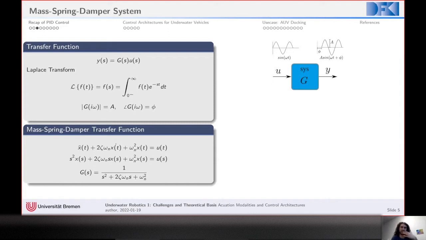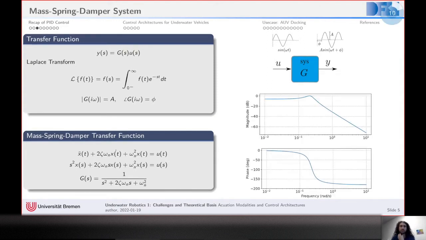Now, the way we can think about this transfer function is that we can try to excite the system with different frequencies and then plot the amplitude and phase shift. This is what we call a Bode plot. You can see here the frequency on the x-axis, then the magnitude, and here the phase. So what does that mean?